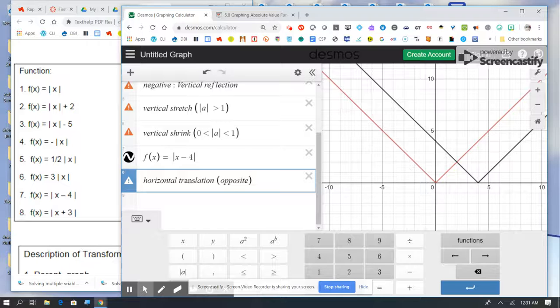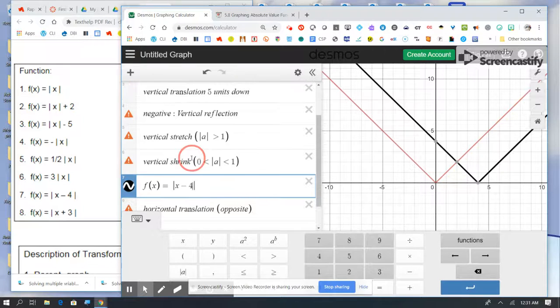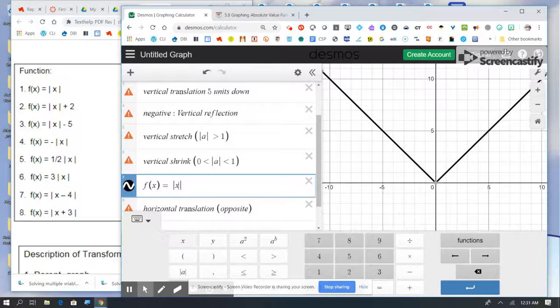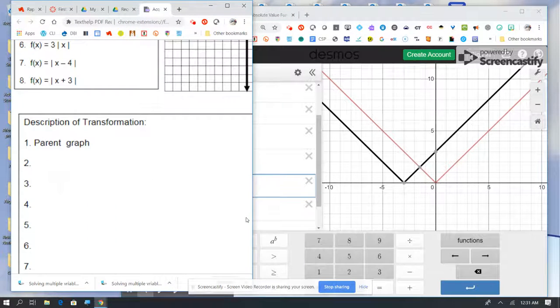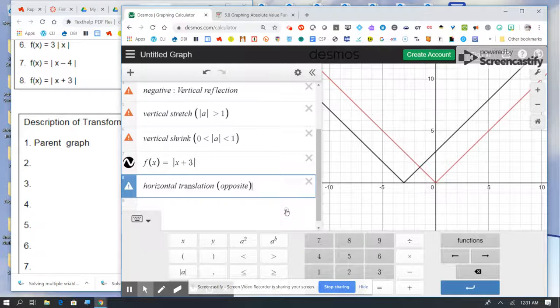If you have a minus sign, it is moving to the right. And now let me change this: if we have a plus sign, see, it moves to the left. And so that's all the transformations. Make sure you write down all the descriptions that I have shared with you in the video here. Okay.